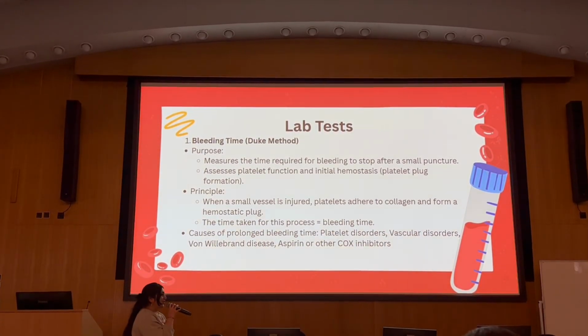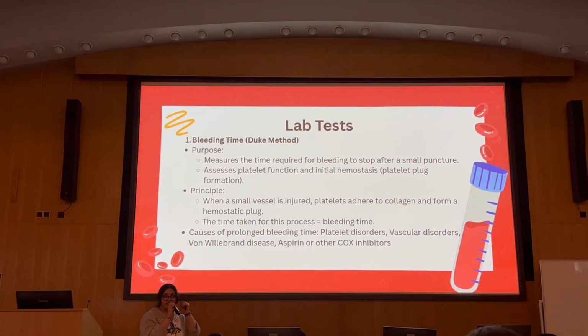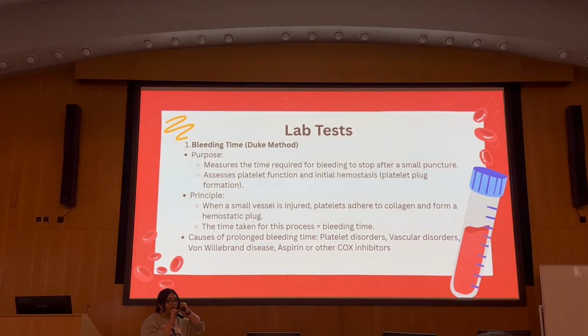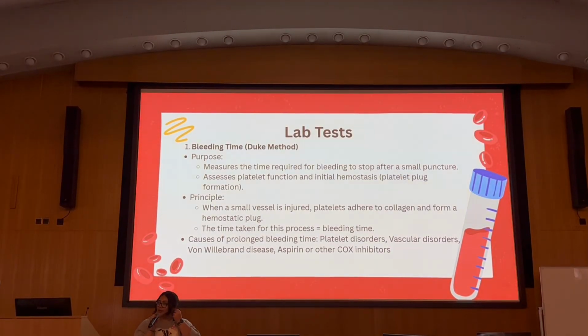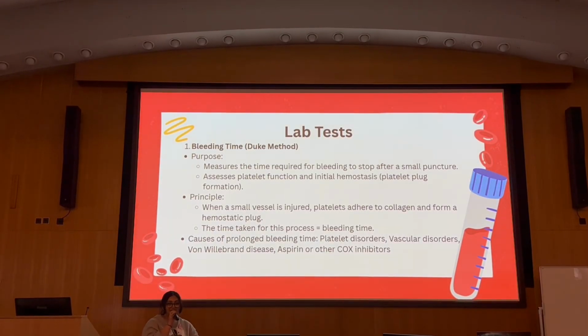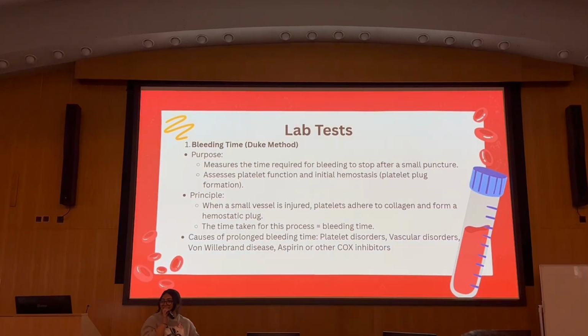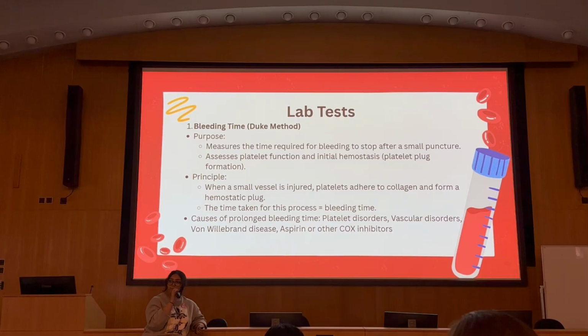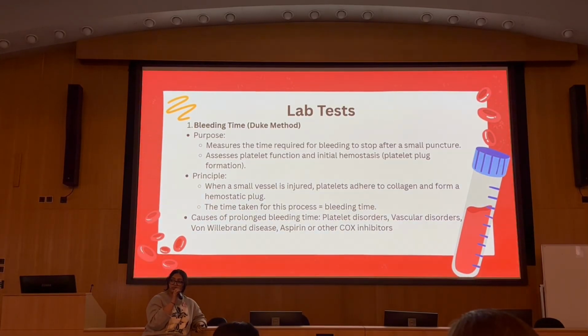Basically, you'll be piercing your ear, and you'll take the clotting paper and put it on the ear where it's pierced, and see how long it takes for the bleeding to stop.